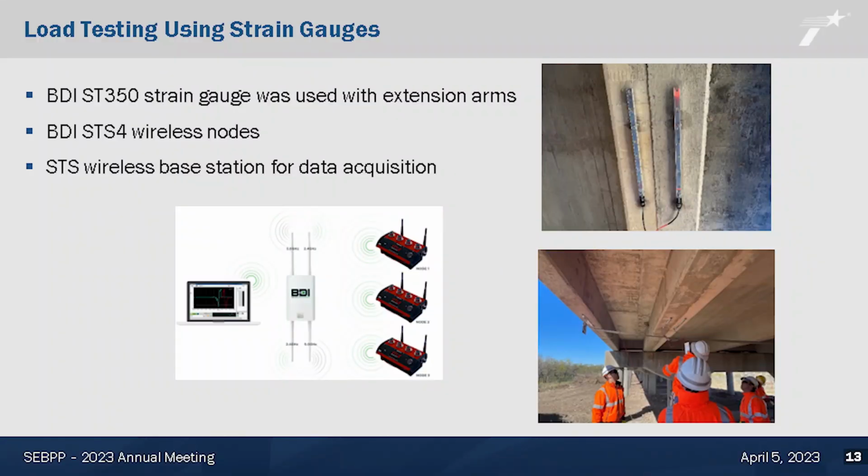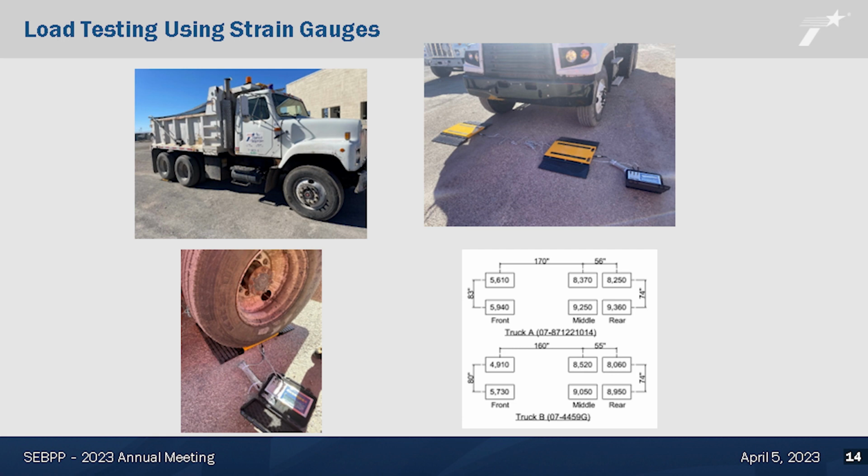The connections and the wireless communication equipment, if you haven't seen that, it's light years ahead of running hundreds of feet of cables across a bridge. So we took advantage of our scales before heading to the bridge to get a head start and minimize closures at the bridge. And then we set up different load cases, different loading scenarios for the structure.